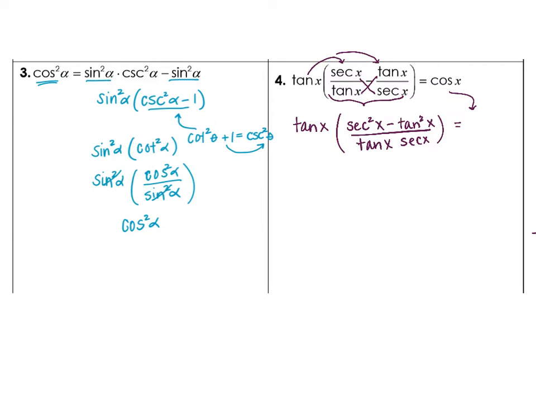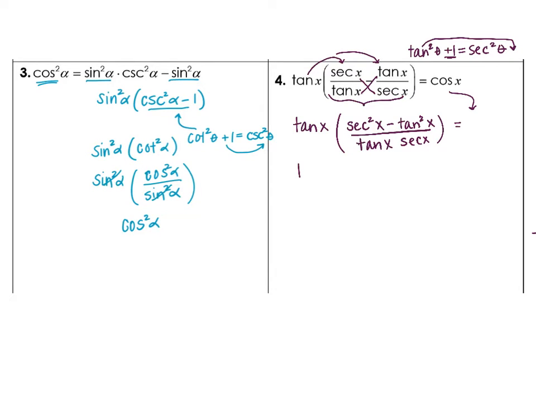Now, let's look at an identity involving secant and tangent. We know that the trigonometric identity that we've been given is tangent squared theta plus 1 is secant squared theta. And so if we subtract tangent squared over, we have what's in the numerator here. That's going to give us 1.